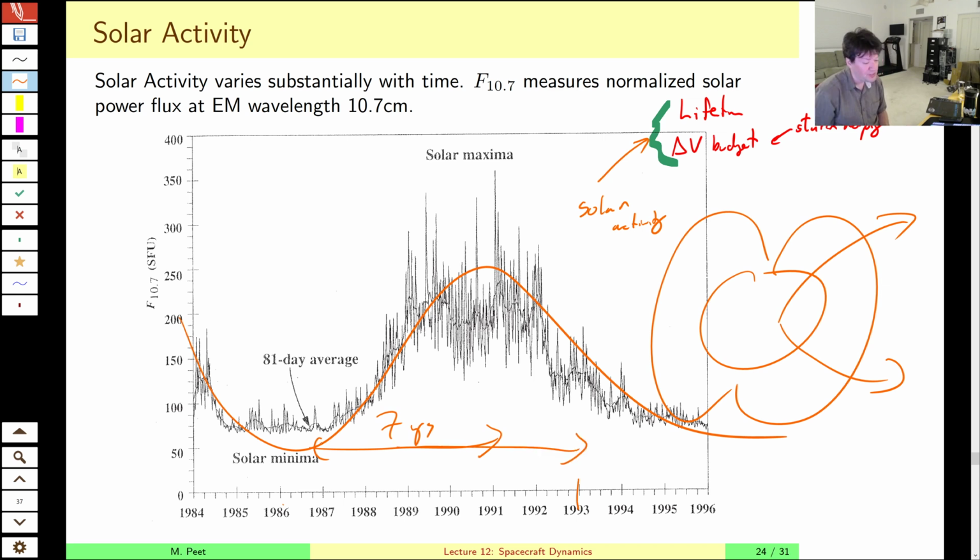So the cycle lasts approximately 7 years. It's not rocket science, we don't really understand it. But on average, solar cycles rise and fall every 7 years. Some cycles increase more than others, but generally this is a good time and this is a bad time.